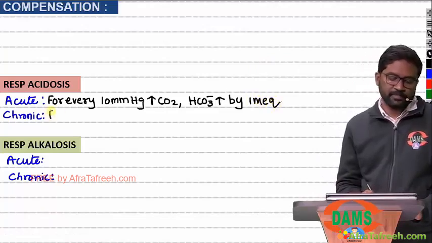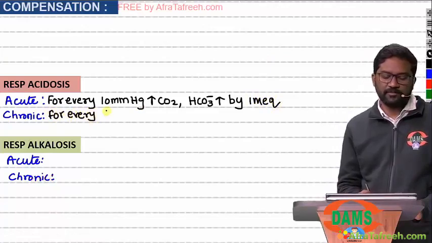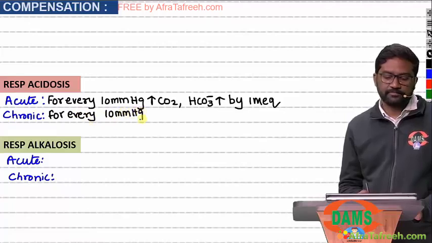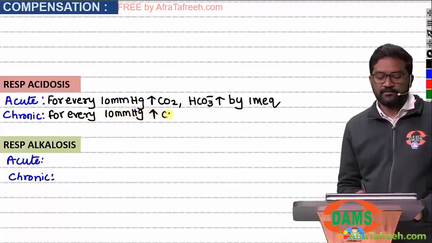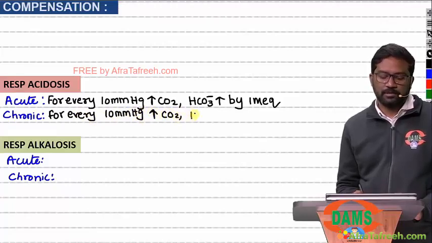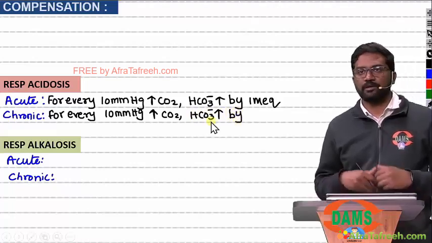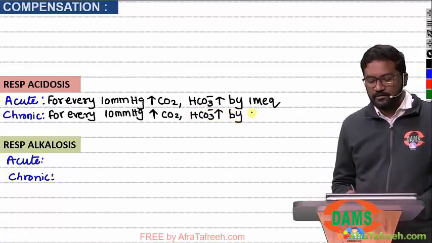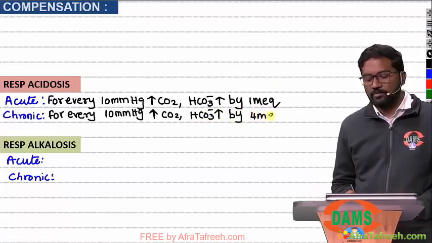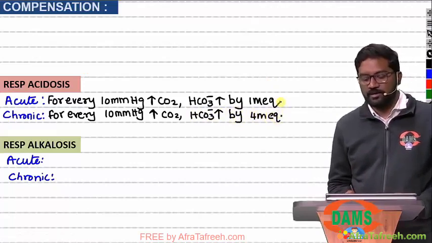Now chronic respiratory acidosis, for every 10 mm Hg increase in CO2, now this is a chronic disorder, your kidneys have understood how to tackle this disorder, so it is going to retain more bicarbonate, 4 milliequivalents.